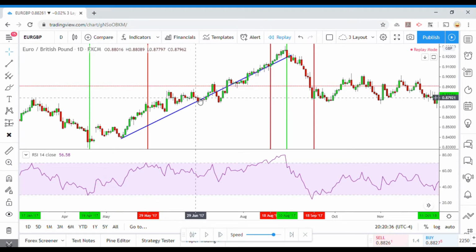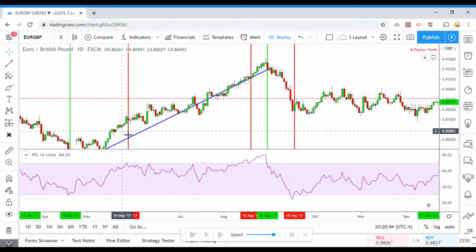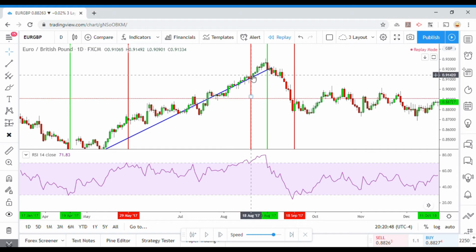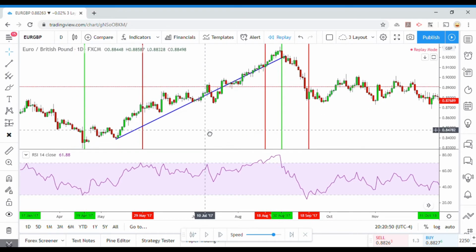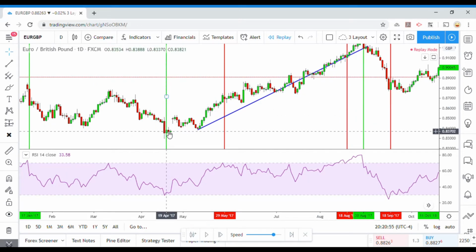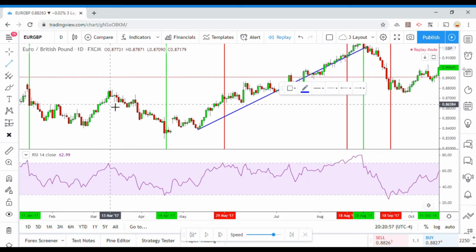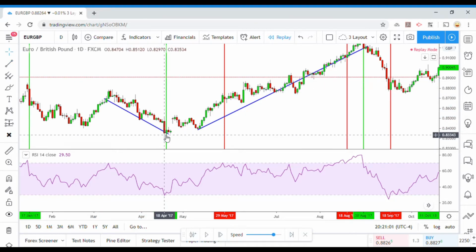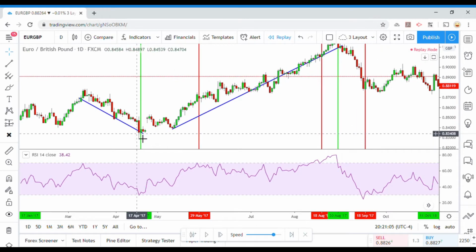It did here, but it never in here did it give us a green signal. It gave us these reversal signals. One here, shorting against the major trend that's happening. And you can see it even did the same thing here. We have this trend right here, and it threw this reversal signal at us.